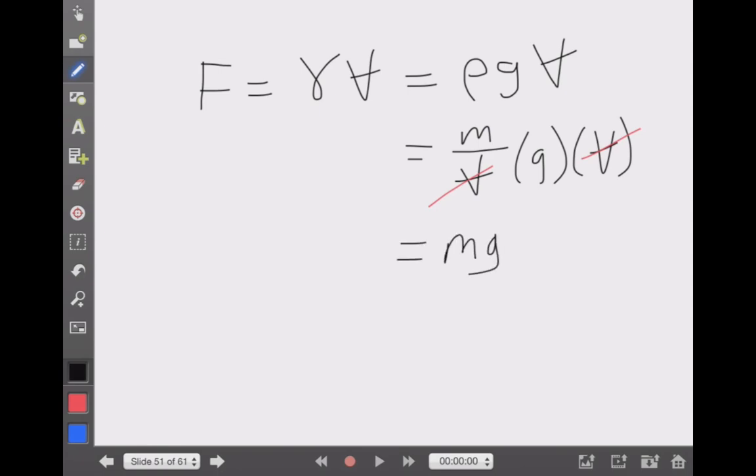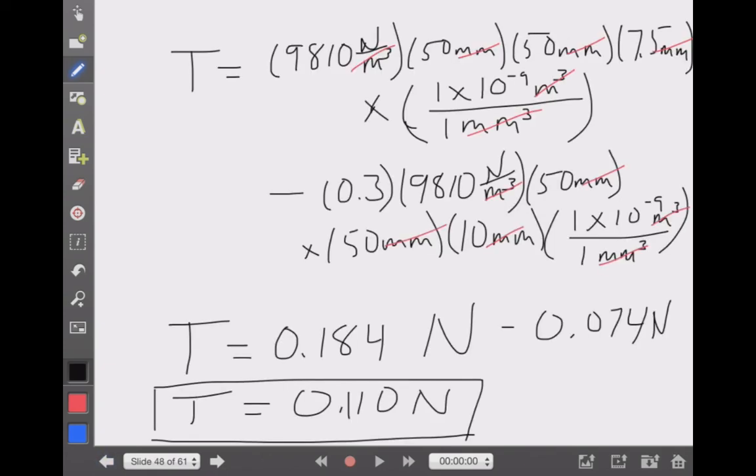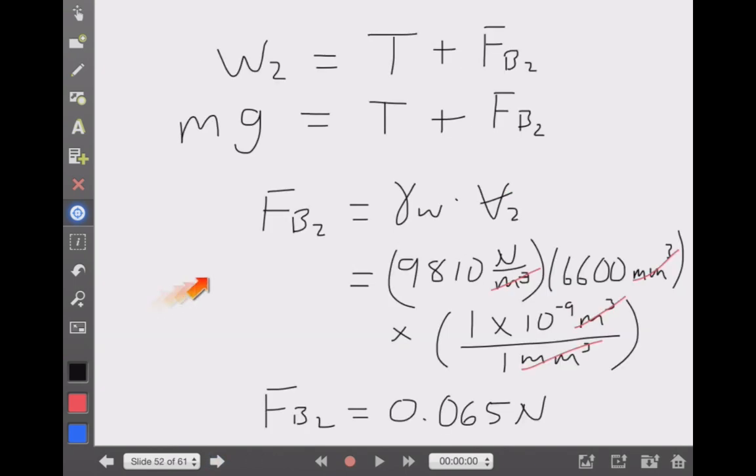So that's why we're calculating the force in the way that we are, by using gamma times the volume, because this really just equals m times g. So in both of the cases where we calculated the buoyant force, we were taking gamma times the volume of the submerged part of the object.